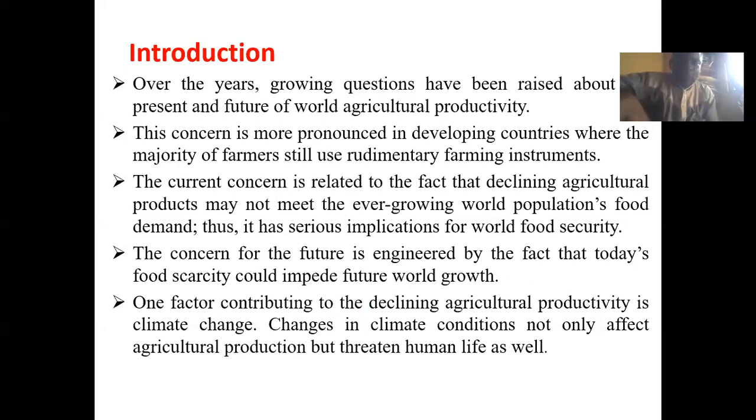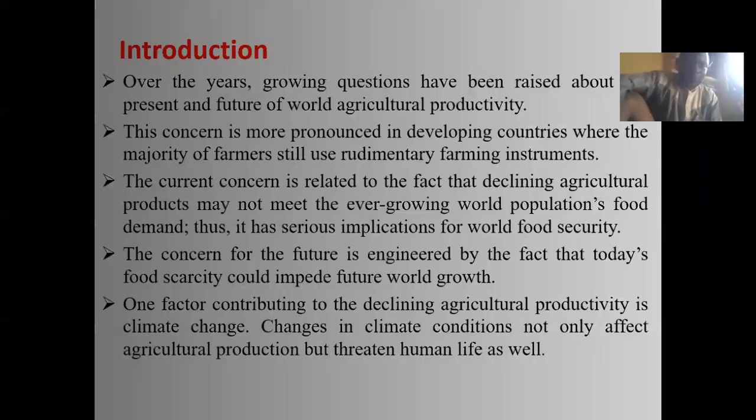Thus, it has serious implications for world food security. The concern is heightened by the fact that today's food scarcity will impede future world growth. One of the factors contributing to this declining agricultural productivity is climate change. Change in climate conditions not only affects agricultural production, but threatens human life as well. Next slide.